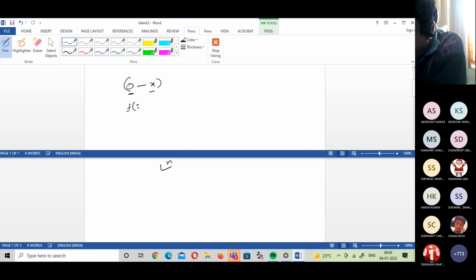So f of x can be expanded as f of 0 plus h, that is x minus 0, that is x into f dash 0, plus x square by factorial 2 into f double dash 0, and so on. This is Maclaurin's expansion with Lagrange's form of remainder: x to the power n, h to the power n by factorial n, fn of a plus theta h, where a is 0, so theta h is theta x.